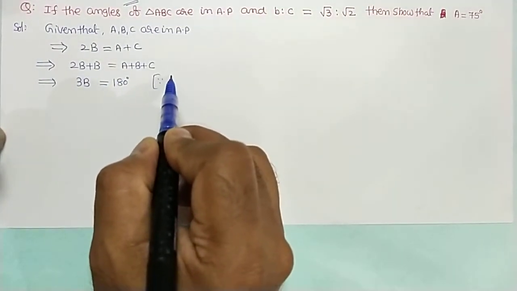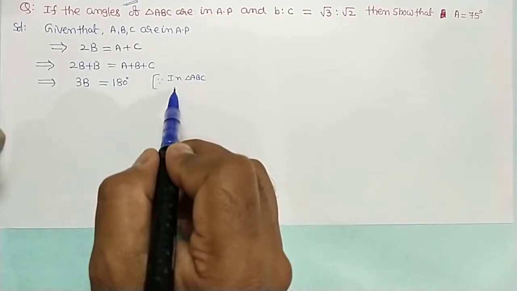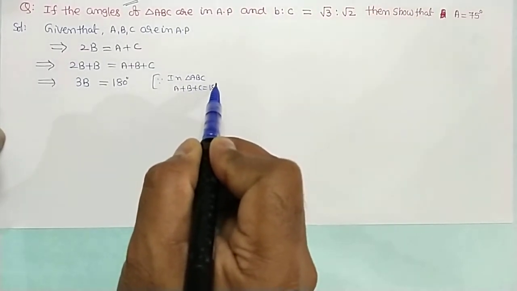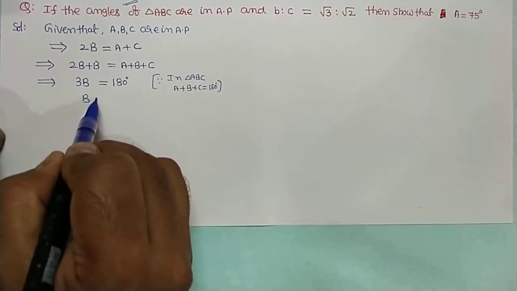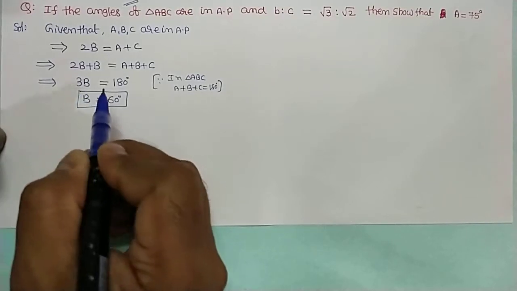Since in triangle ABC, A plus B plus C is 180, so B is equal to 60 degrees. We got the value of B.